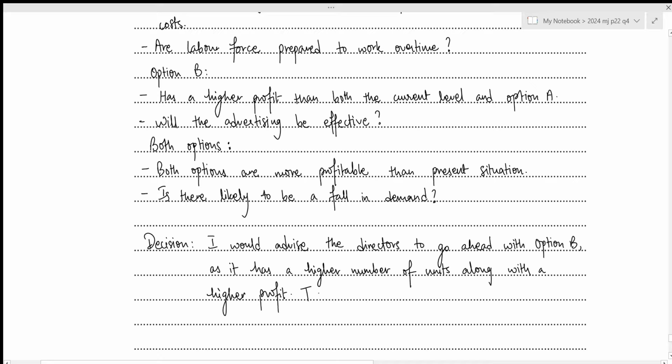These higher number of units is likely to satisfy the demand of the competitor's customers.